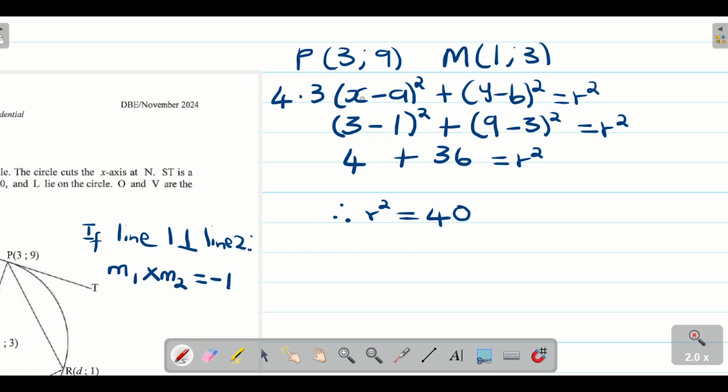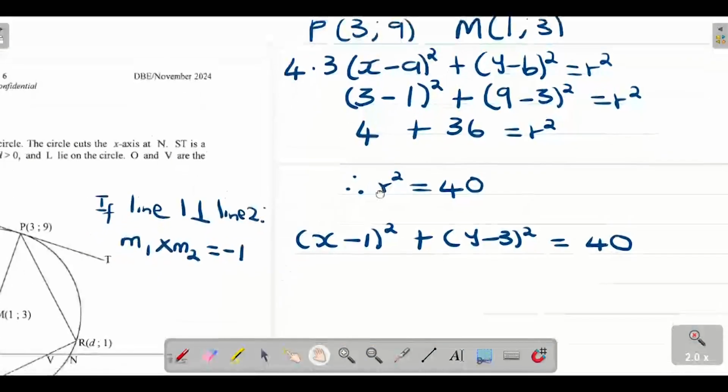So x minus a, we substitute the x value of the center, squared, plus y minus, for b, we put the y value of the center, squared, equals r squared. We now know that it is 40.